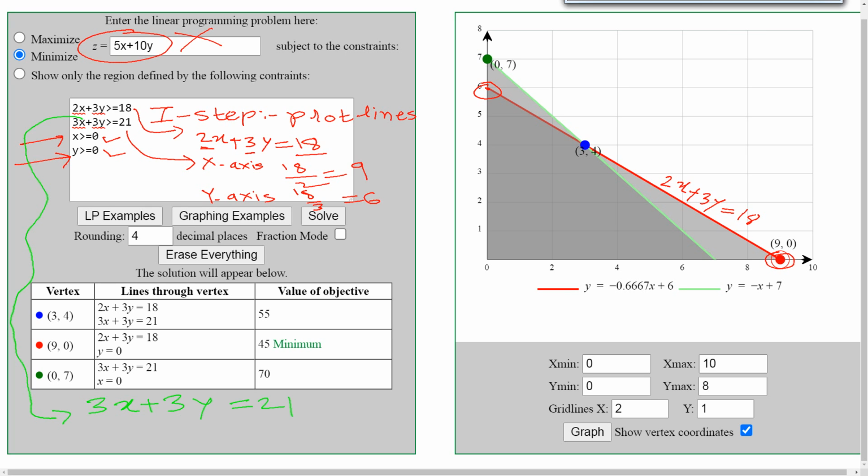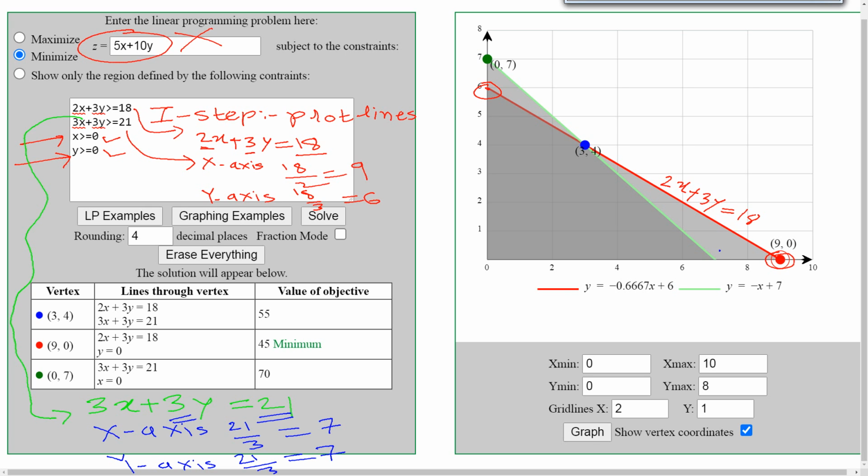For this line, the point on the x-axis is given by c upon a, that is 21 upon 3, which is 7, and the point on the y-axis is given by again c upon b, that is 21 upon the coefficient of y, which again comes to 7.